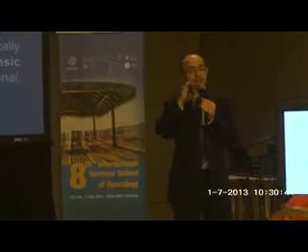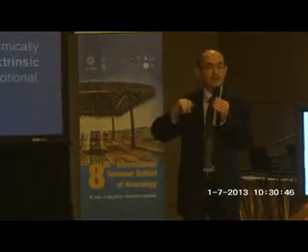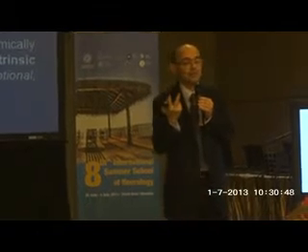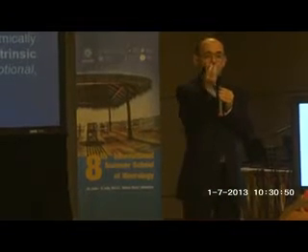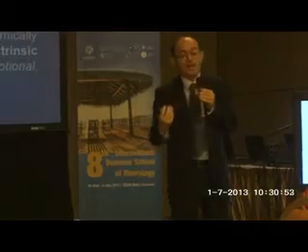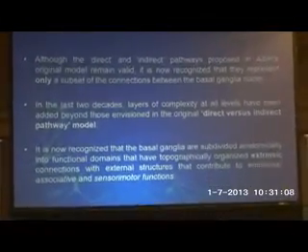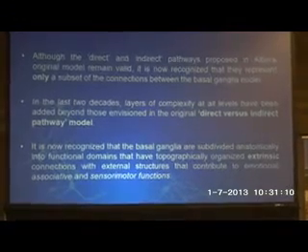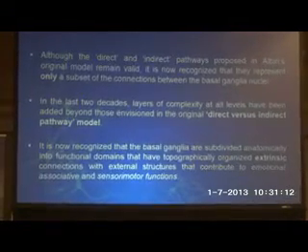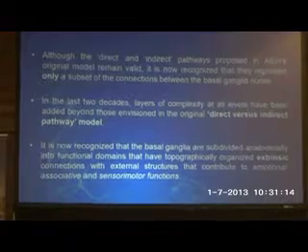But further on, many layers of complexity have been added in the last 2 decades, in the last 20 years, to this part. And today, it's recognized that the basal ganglia are subdivided anatomically into functional domains, having a topographically organized structure in an extrinsic way. So this structure is connected particularly to the cortical areas and to many other areas.